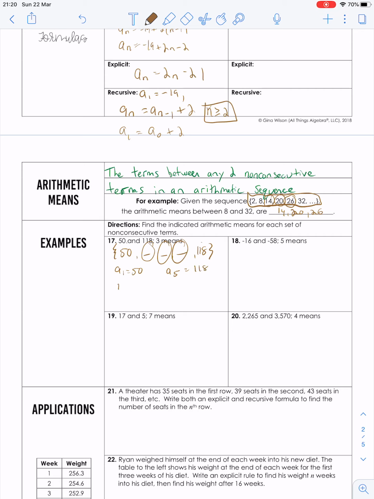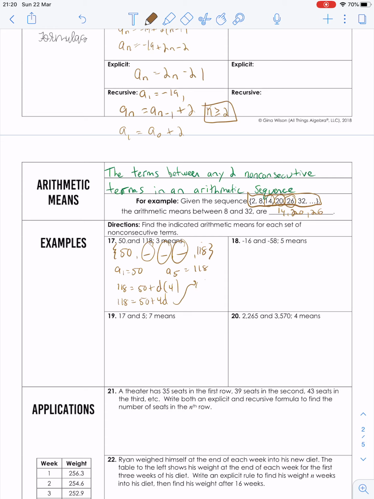Just as we did earlier, we have to find our d. So we get 118 equals 50 plus d times 5 minus 1, 4. That's our 4th term, or 4 terms away. So we get 118 equals 50 plus 4d. Bring that over here.